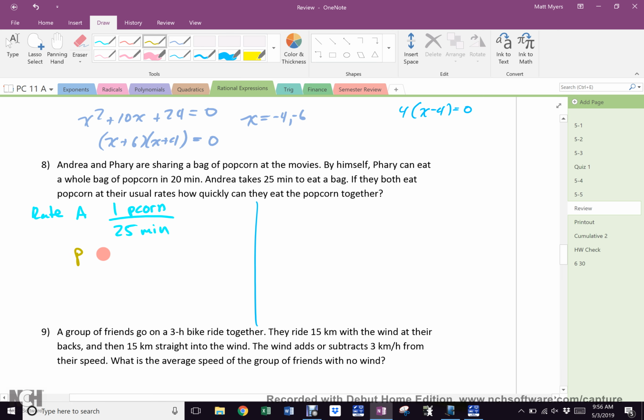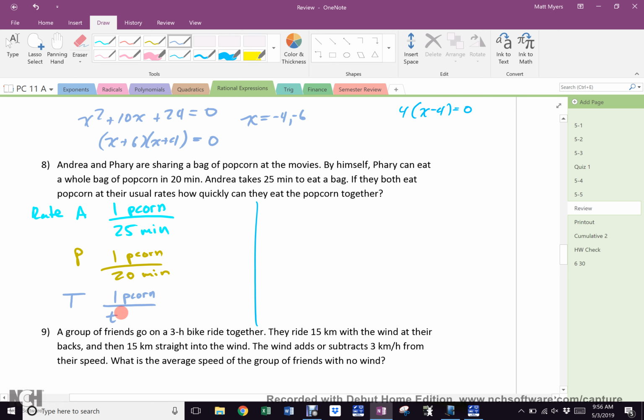And Fari's rate is 1 popcorn per 20 minutes, yes? We are trying to find how long they will take to eat it together, which would be the same 1 popcorn in how many minutes?